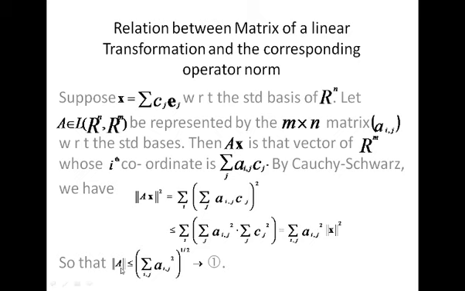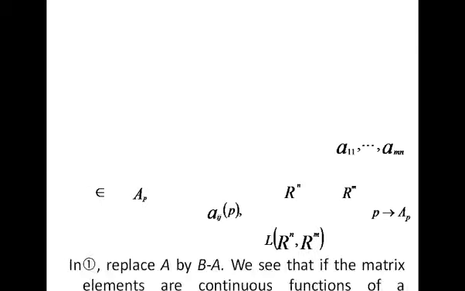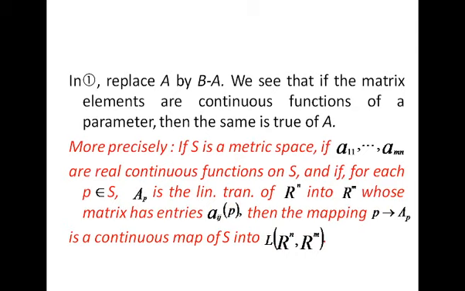If q is close to p, then Aq is close to Ap. This is precisely continuity. Continuity precisely means that when the domain points are close, their images must be close. So this mapping p going to Ap is a continuous mapping of S into L of Rn, Rm. Hope you understood. Thank you.